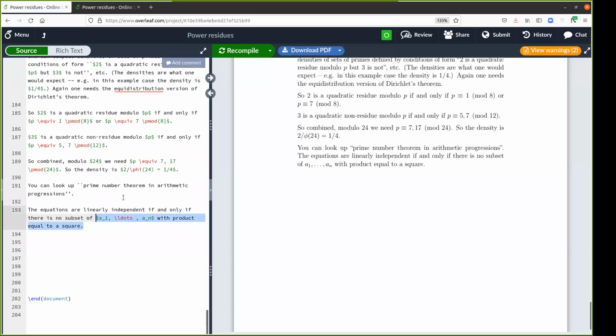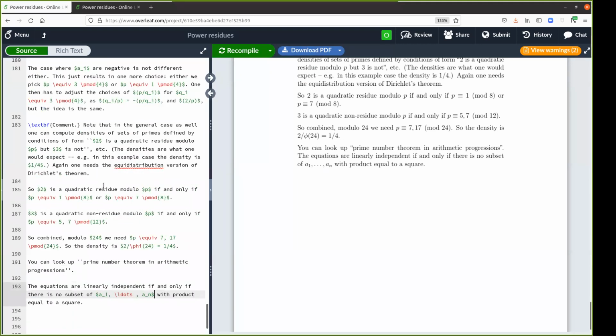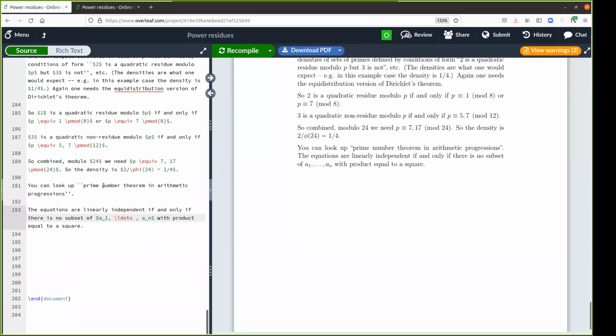No subset of the given integers should have a product equal to a square number. So if this condition is met, then the densities behave exactly like you would expect.